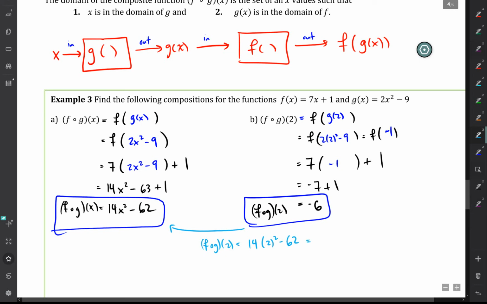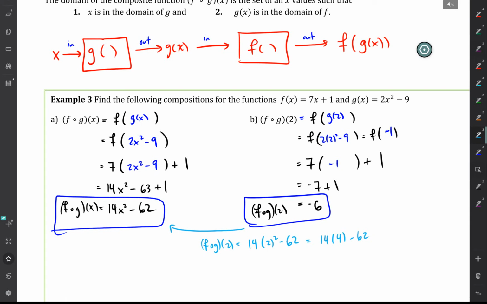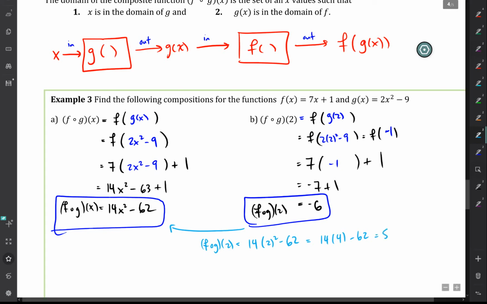That would give you 14 times 4 minus 62. 14 times 4 is 56, so we'd have 56 minus 62, and so you get negative 6. So either you can do it like we did in part B, or you could just take what we solved for in part A and stick in 2. Either way works.